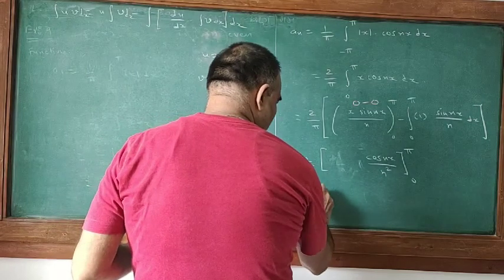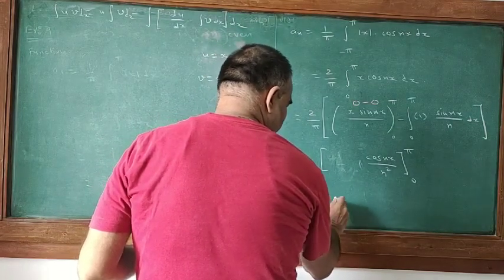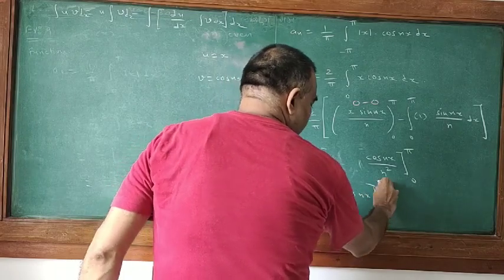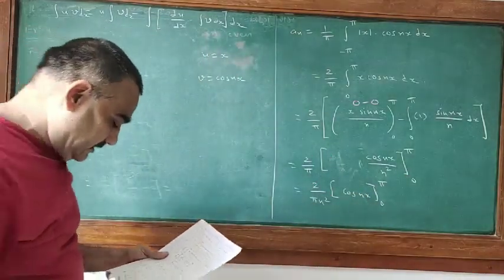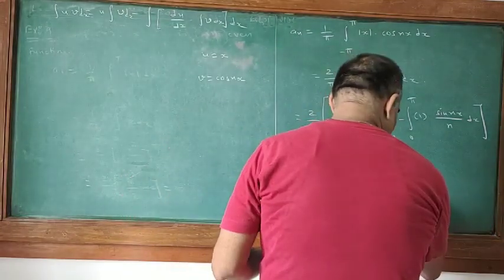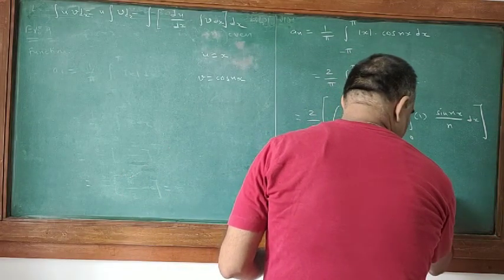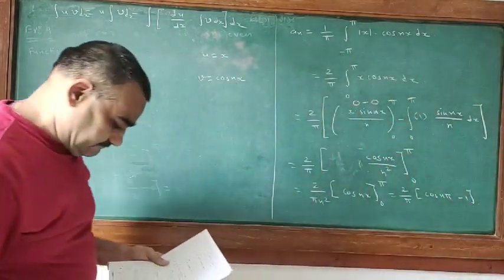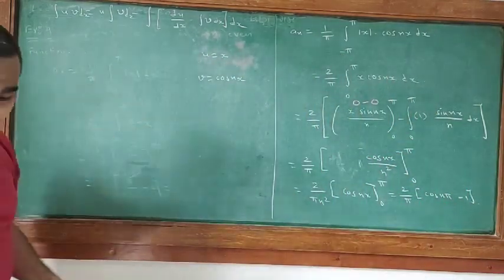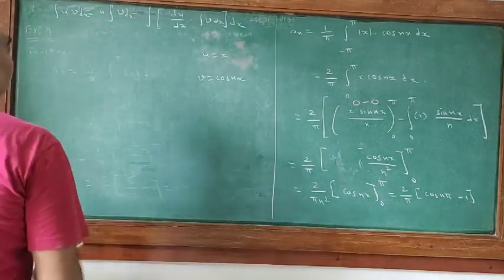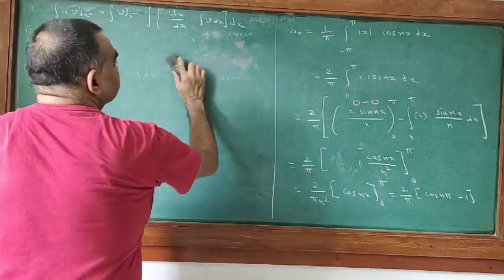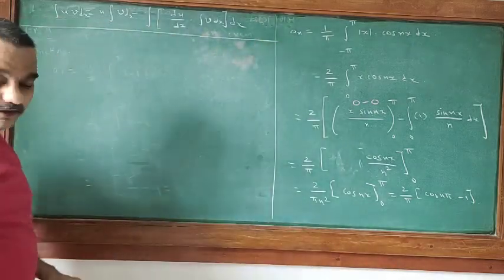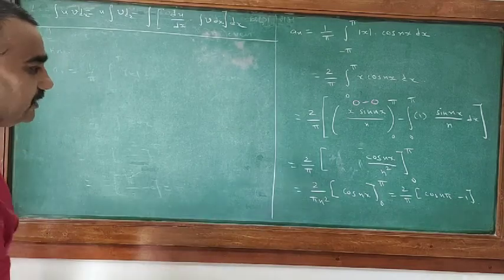So this is equal to 2 upon pi n square, cos nx from 0 to pi, and therefore this is equal to 2 upon pi n square, cos n pi minus 1. Now we have values if we put n equal to 1.